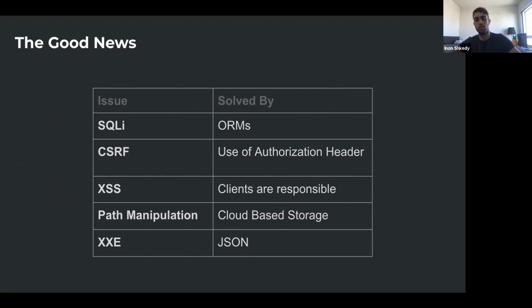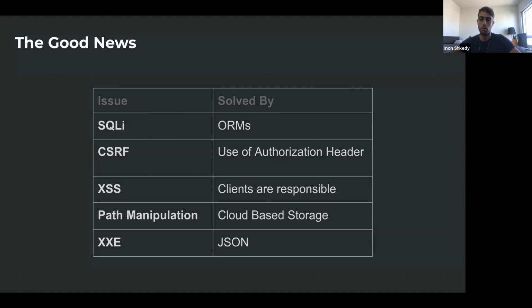If we talk about CSRF, because modern applications use an authorization header instead of cookies in many cases, it solves CSRF by design. If your authentication mechanism is not based on cookies, there is no chance to exploit CSRF. Another good example is cross-site scripting. This vulnerability still exists in modern applications, but it's the responsibility of the client to protect against cross-site scripting.